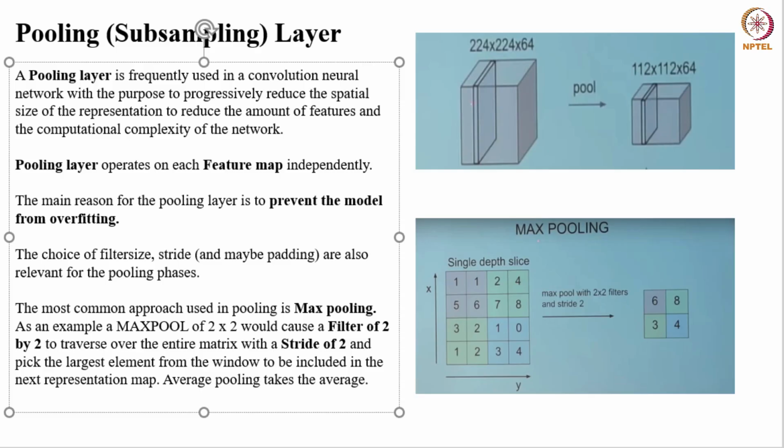Because if you have many filters looking for many different kinds of features, that will give you potentially a large array coming out from the convolution step. And typically you then want to reduce that.